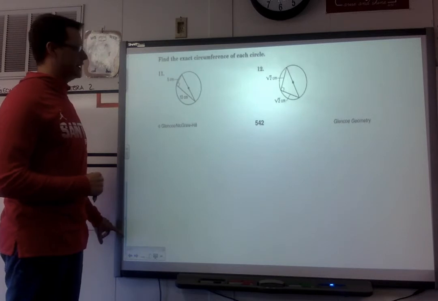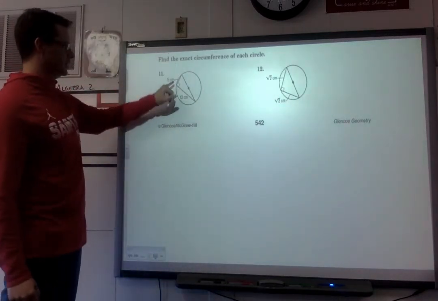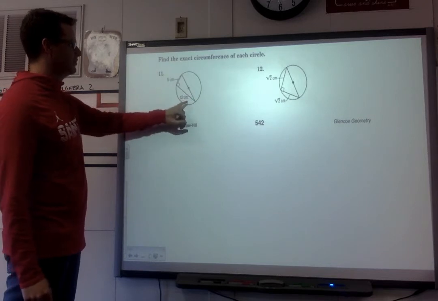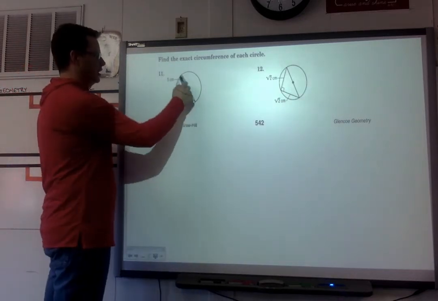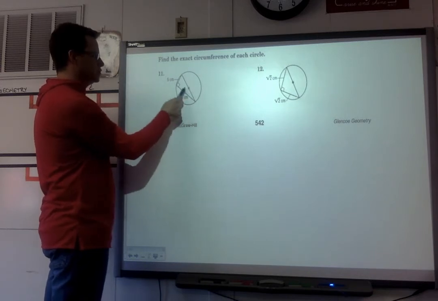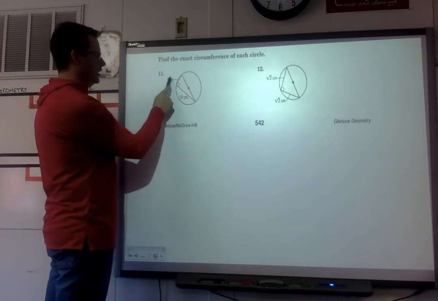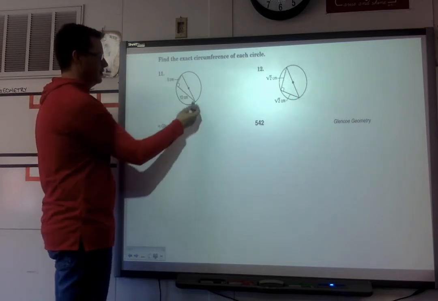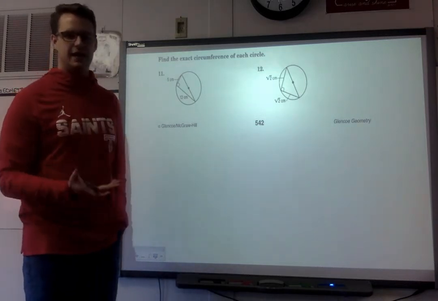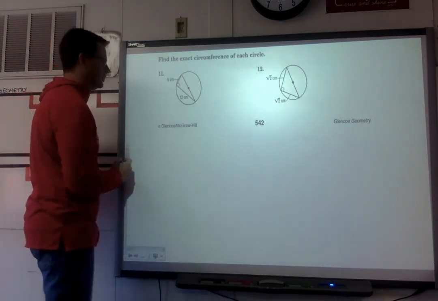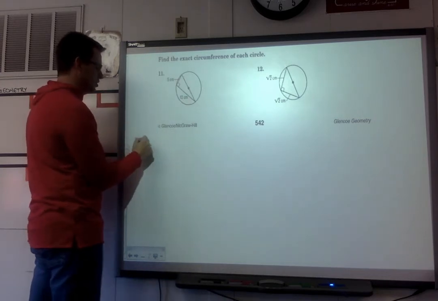So knowing what it means to find the exact solution, let's go ahead and find the exact circumference of each of these circles. So we have a triangle inscribed within this circle, and we know that it's a right triangle with legs of 5 and 12. We need to find the hypotenuse because that will give us the diameter that we need to find the circumference here. So to find that hypotenuse, we can use the Pythagorean theorem.